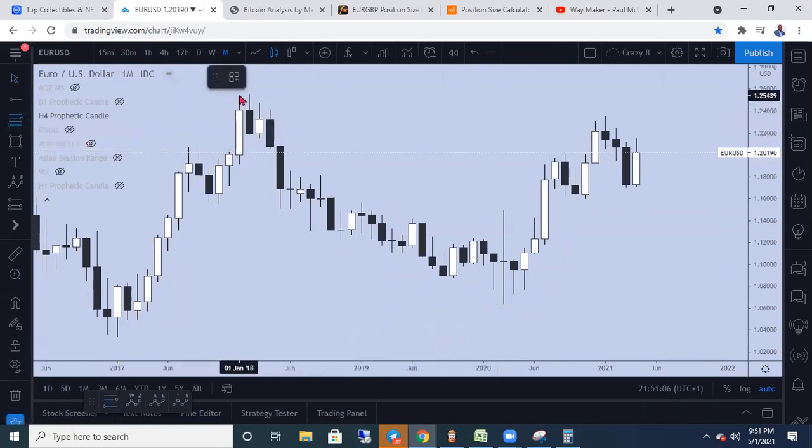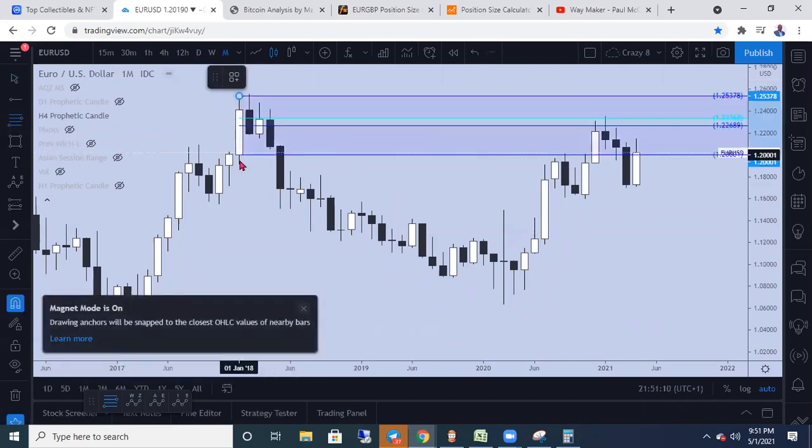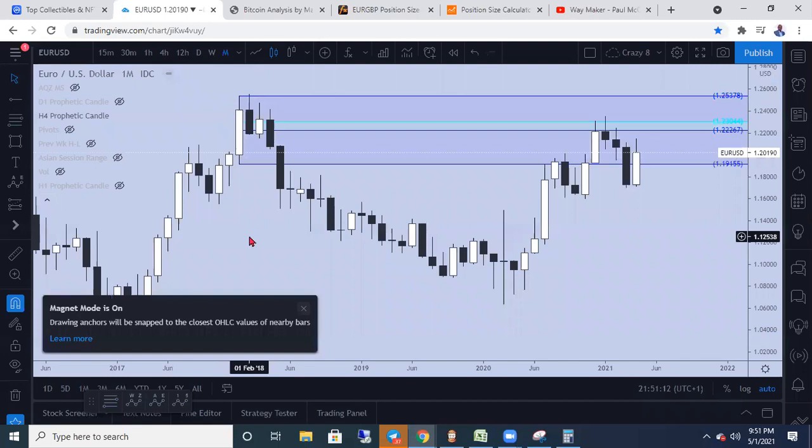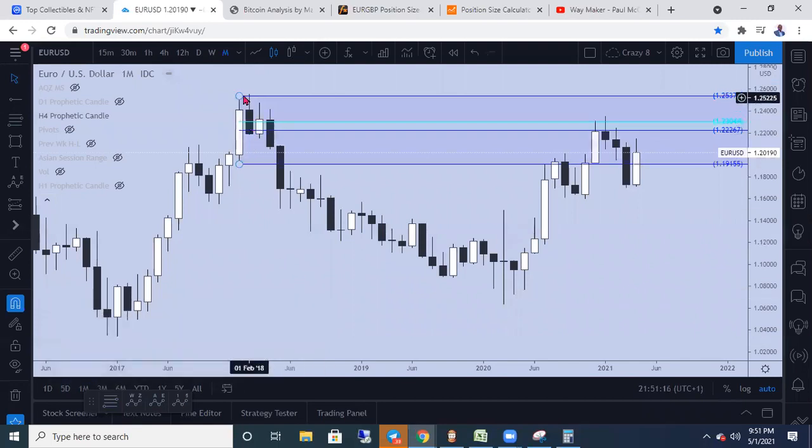I could just fib that point, put on my magnet, fib it from the top to the bottom, right? Once I fib that from the top to the bottom, I can basically know in my mind that everywhere within this region, I could be looking for reasons to sell.